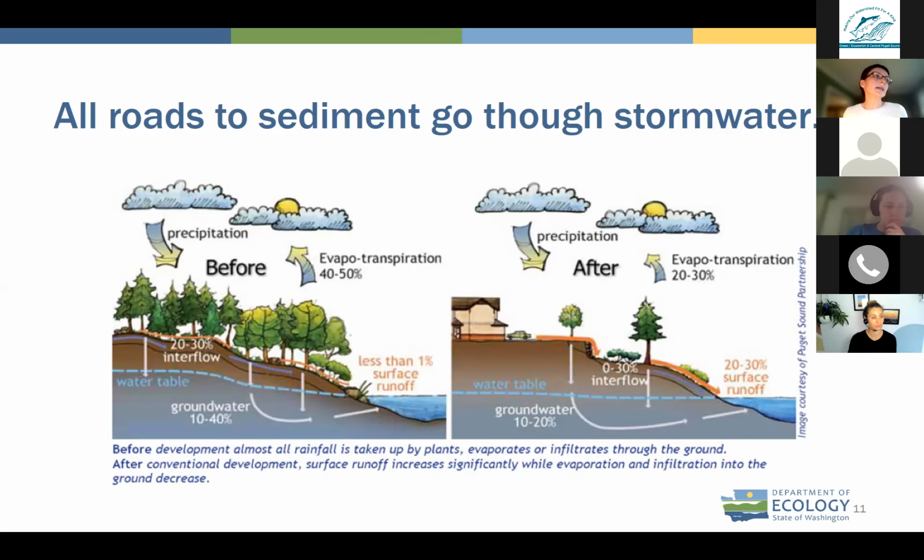When you have a forested watershed, less than 1% of the precipitation is turned into surface runoff, whereas under development conditions, 20 to 30% of this volume of precipitation is turned into surface runoff. I won't belabor this anymore because you're familiar with these processes.